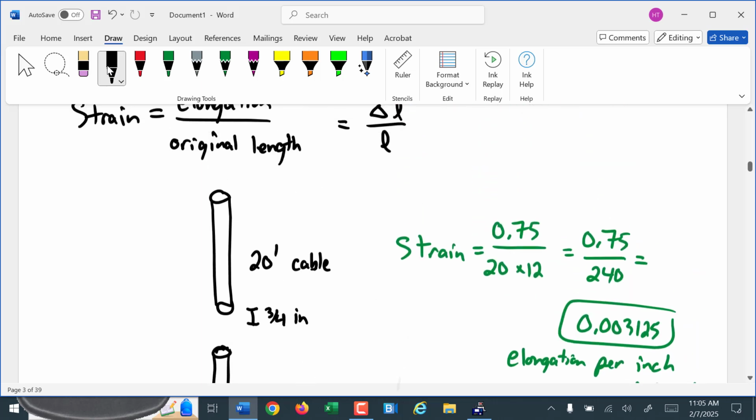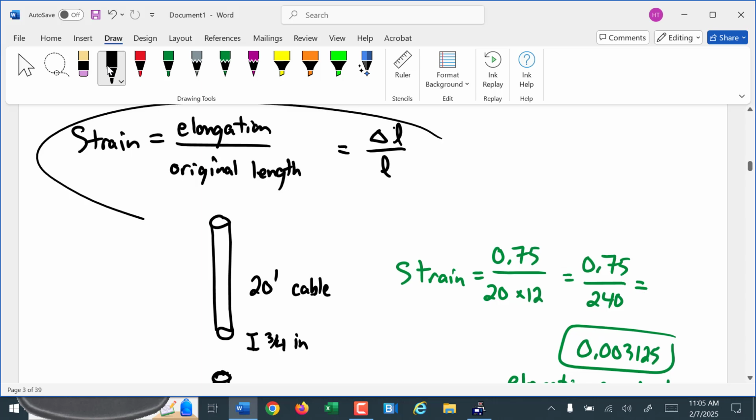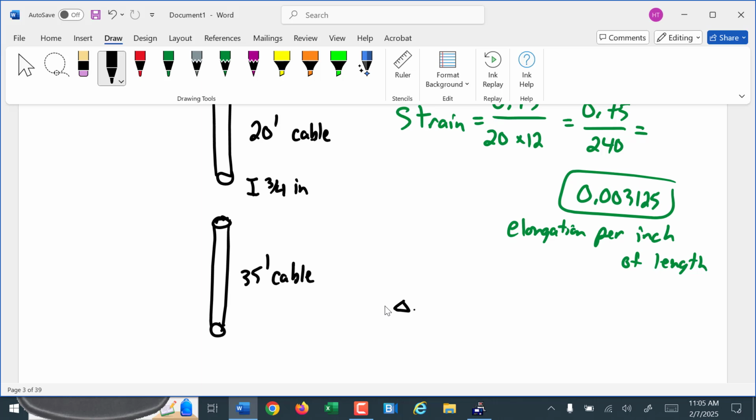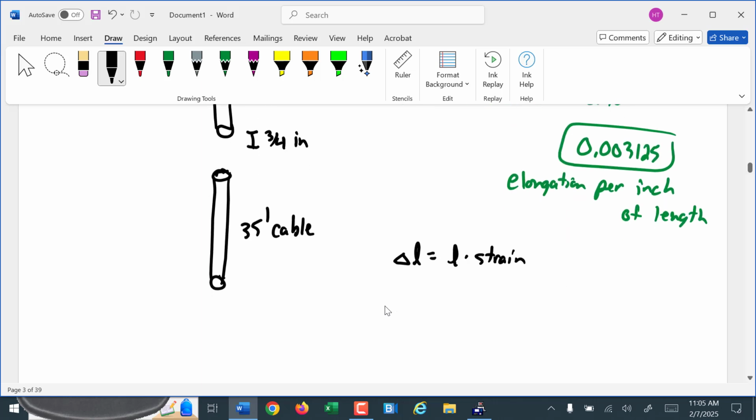Well, we can use a variation of this formula. Delta L is going to equal the length times the strain. So the length, again, is 35 feet times 12 inches per foot. It has to be done in inches. Times that strain of 0.003125.